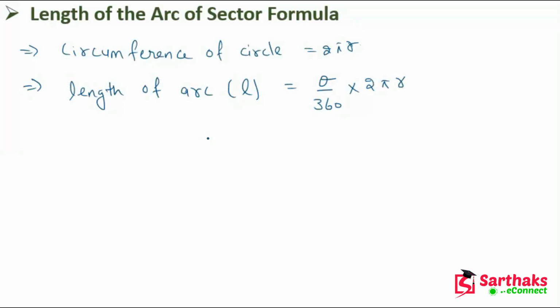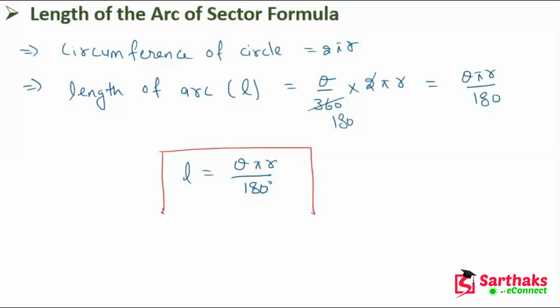The 2 cancels with 360 degree, giving 180. So this becomes theta pi r upon 180. So the length of arc is theta pi r upon 180 degree.